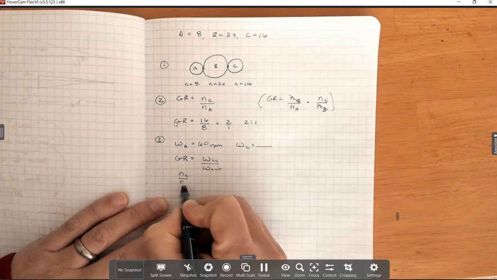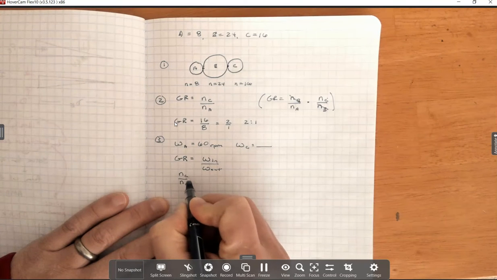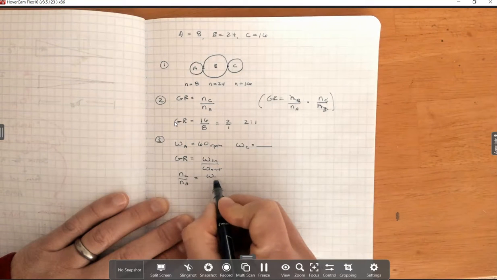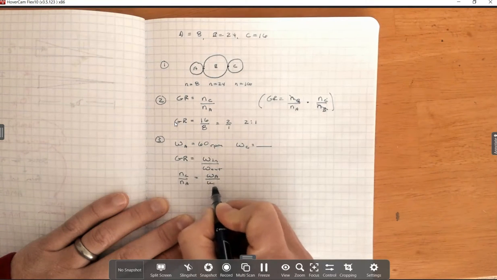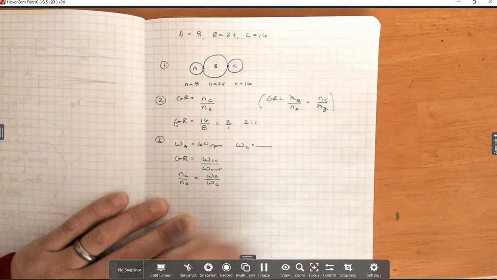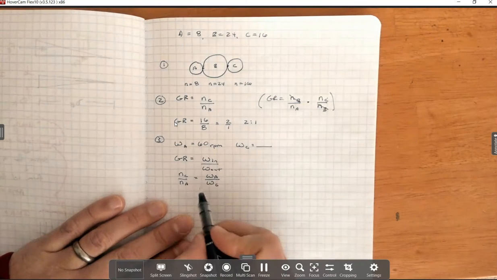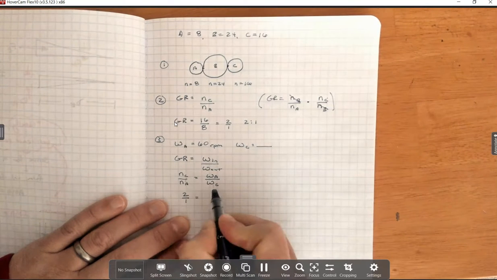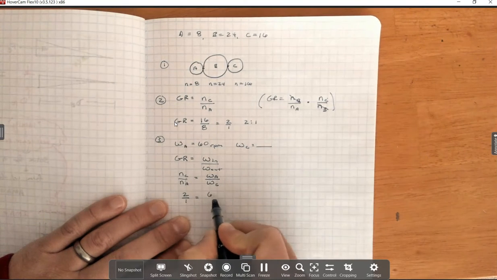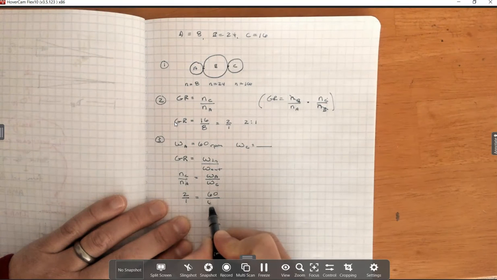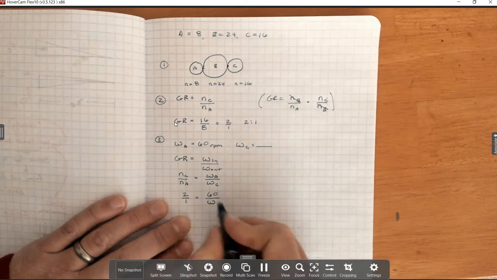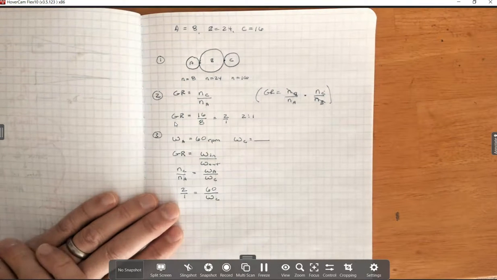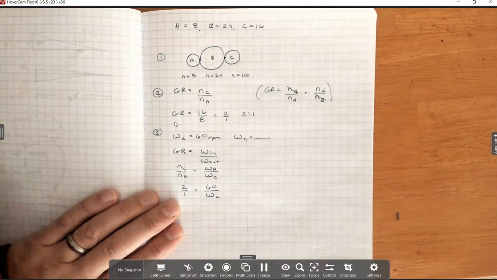So you could write it like this: the ratio of the number of teeth on C to A is equal to the angular velocity of the input gear at A over the angular velocity of the output gear at C. We already know that's a 2-to-1 ratio, and here we had A at 60 RPMs and C's angular velocity, the lowercase Greek letter omega, as the unknown. So this is our equation, and now we're going to solve it. It's really just a proportion.